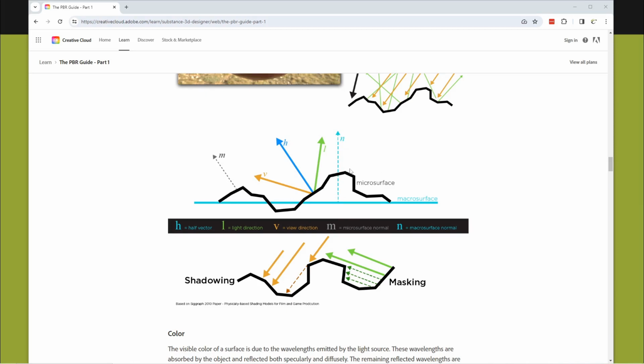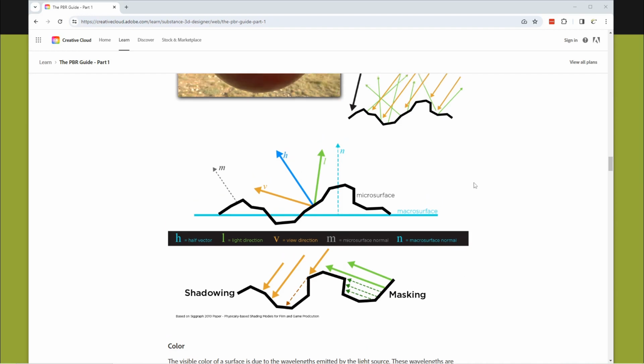So on the microsurface, you've got a normal, which is the blue, incident ray, reflected ray, etc. Two common ways that you get a reduced amount of light or reflected energy is shadowing, where the incoming ray can't hit a part of the surface, or the reflected ray ends up being blocked by another part of the surface.